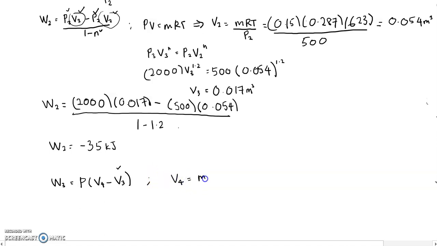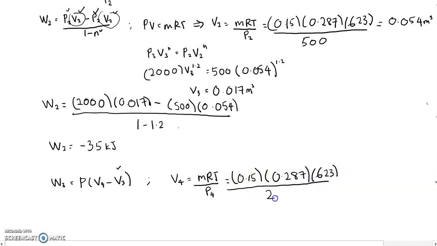V4 equals MRT over P4. So M is 0.15, R is 0.287, T is 623, and P4 is 2000. So you will get V4 as 0.013 meter cube.